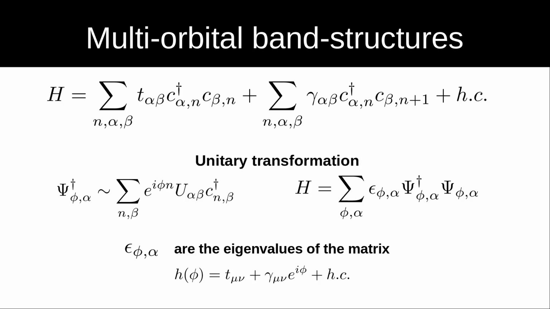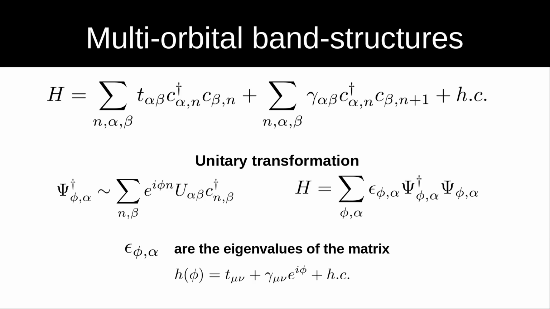Since now we have this degree of freedom, since now we can have these more generic wave functions, what we know is that the eigenstates are going to be some arbitrary rotation inside the orbitals in each unit cell times a phase, which is the formula that you see on the left.